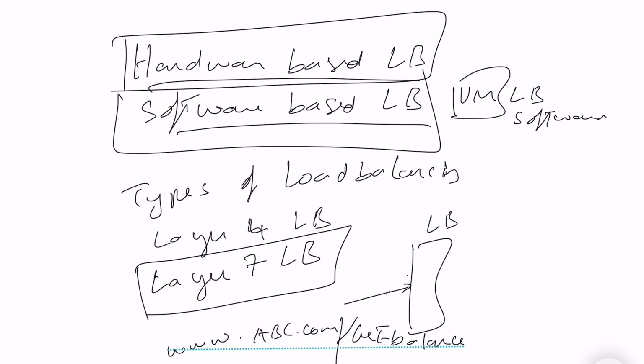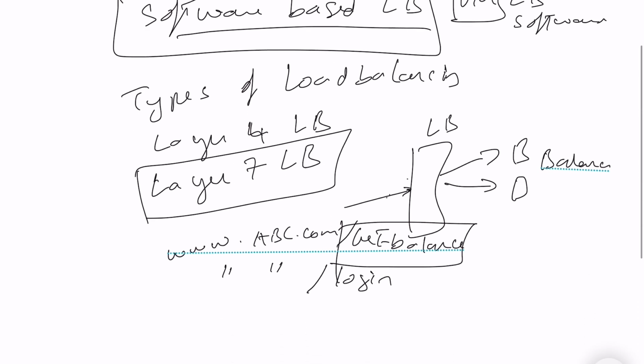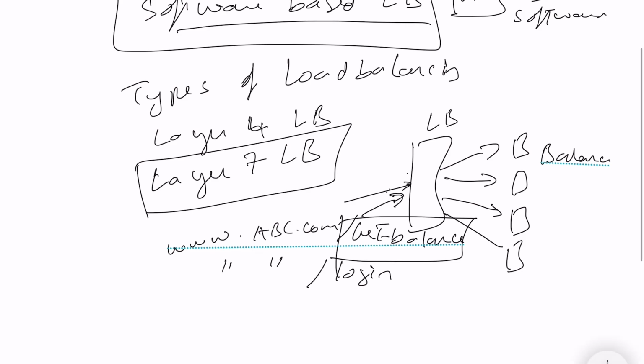The LB can actually read this get balance, and route requests to servers which are supporting balance. Maybe if the same URL www.abc.com has /login, then that login request will be routed to some other servers. This is one example where you can say context based routing is being done by an L7 load balancer.